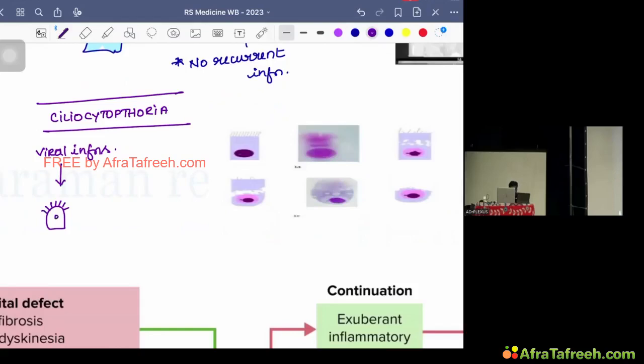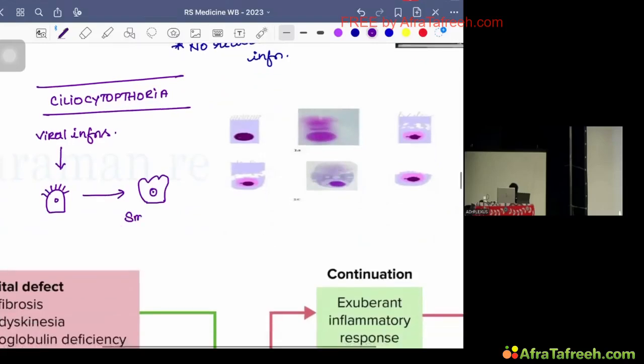Whenever they destroy the cilia, the cells are going to have a smudged appearance. This smudged appearance is called ciliocytophthoria, with one cilium here and there.